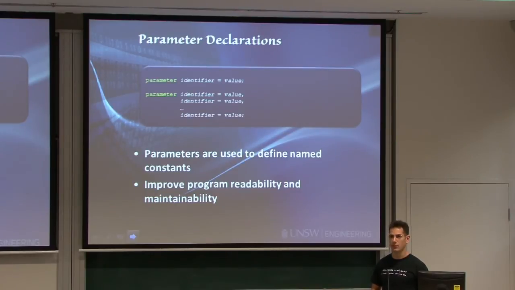The other reason why we might use parameters, and again, this is what we might do in C, is to have a quick change of one value throughout our whole program. We might rely on some value that may change.